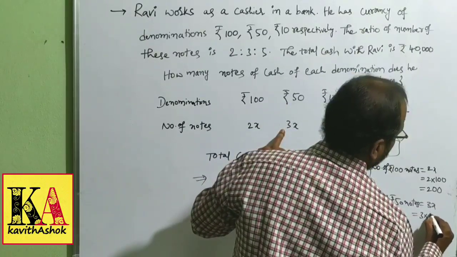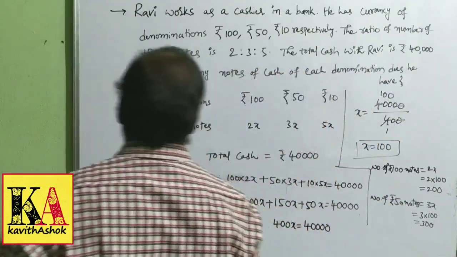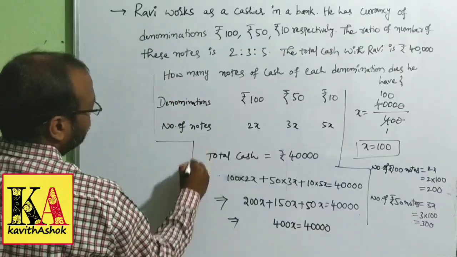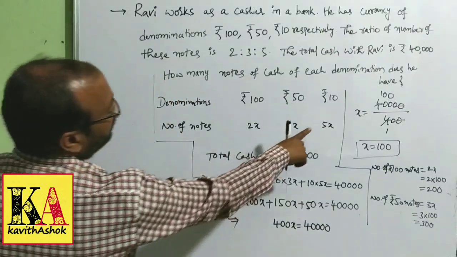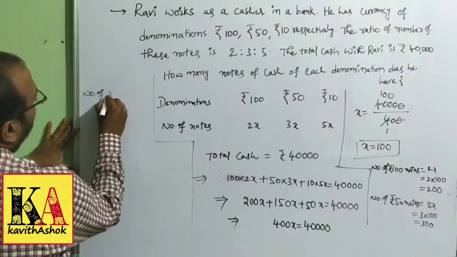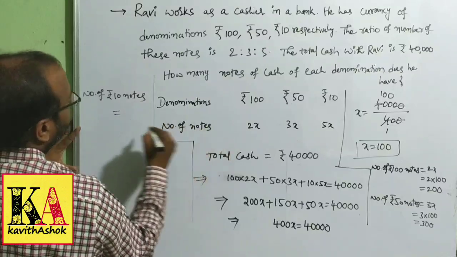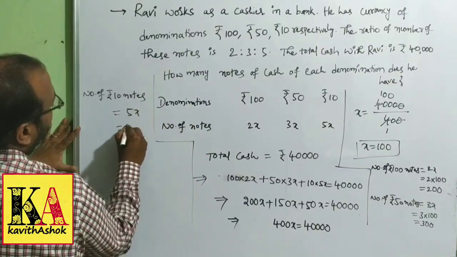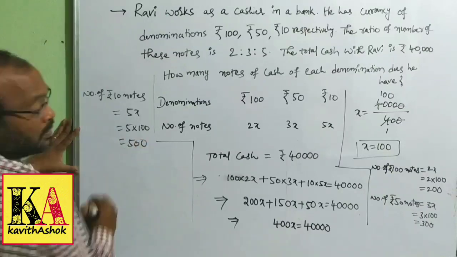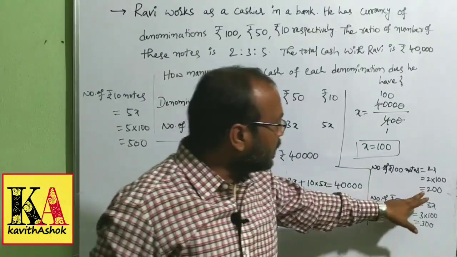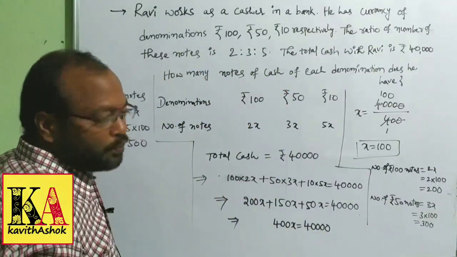So 3 into 100, 300. Next, number of 10 rupee notes is equal to 5x. So 5 into 100, 500. We have 200 100-rupee notes, 300 50-rupee notes and 500 10-rupee notes.